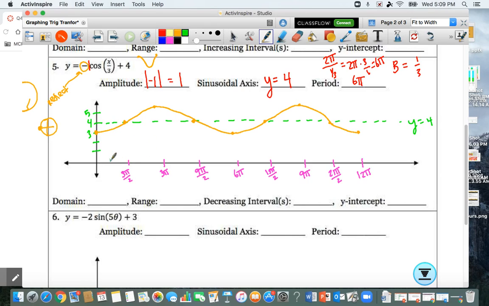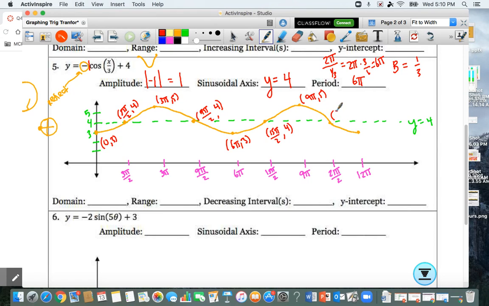Okay, oh, no, label. Got to label. Always gotta label. 0, 3 is where it starts. 3 pi over 2. Labeling's not bad when you've got it written all down. 3 pi, 5. 9 pi over 2, 4. 6 pi, 3. 15 pi over 2, 4 on the midline. 9 pi, 5.